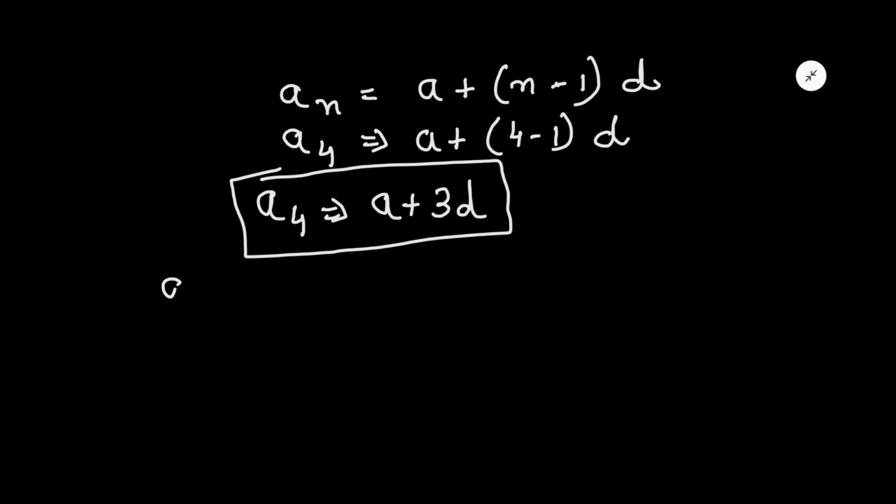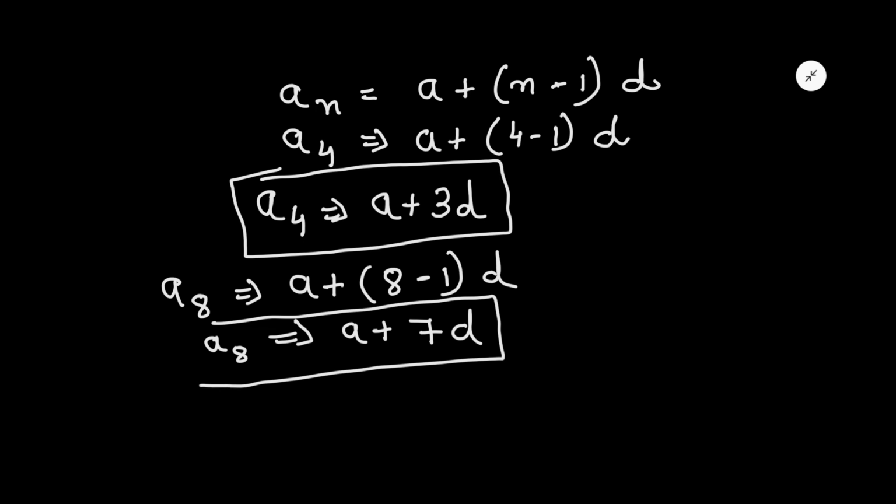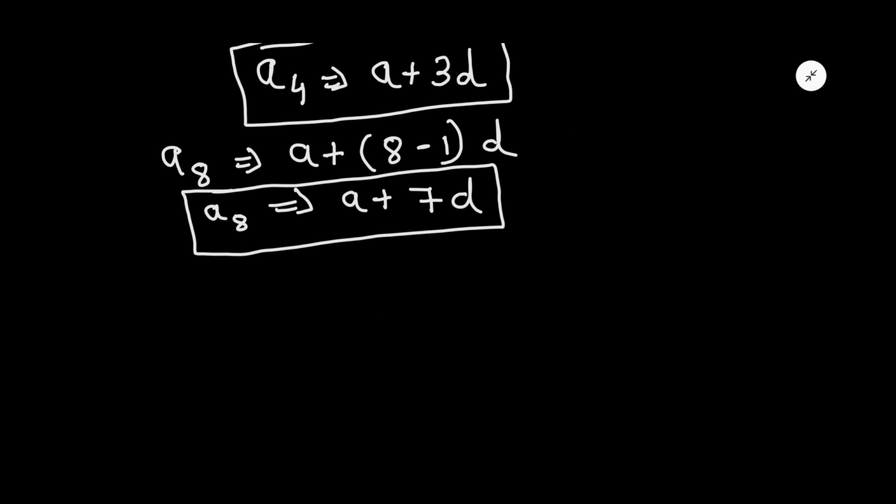Similarly, a8 will be equal to a plus (8 minus 1) d. So a8 will be equal to a plus 7d. Similarly, a6 will be equal to a plus (6 minus 1) d.